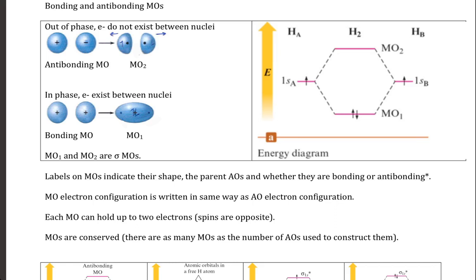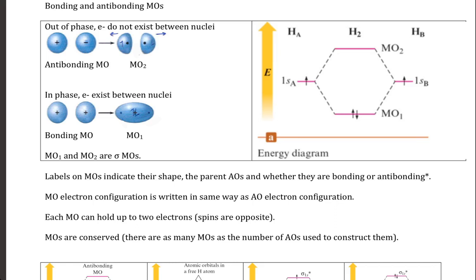Bonding and anti-bonding MOs. So we're on the left side of this table. Go to the picture on the bottom. The in-phase electrons exist between nuclei. So when we have two different atoms coming together, and their s atomic orbitals, because these are spherical here, have the same phase, both cresting at the same spot, for example, we would give that a positive sign association.